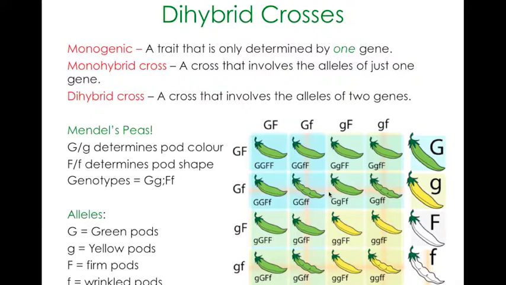You can have 1/16 chance of a yellow wrinkled pod, 3/16 chance of a yellow firm pod, 3/16 chance of a green wrinkled pod, and you've got 9 out of 16 chance of having green firm pods, because that's the highest possibility being presented there.